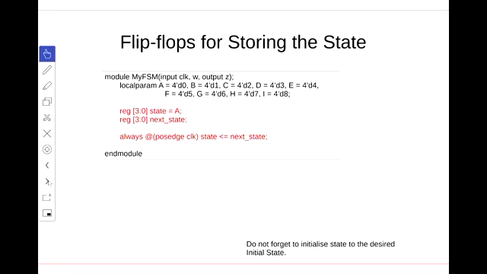Every time you power up the board, somehow those 4 flip-flops are going to start initialized to whatever number A represents. So part of configuring the FPGA is configuring the initial state of all the flip-flops inside there.